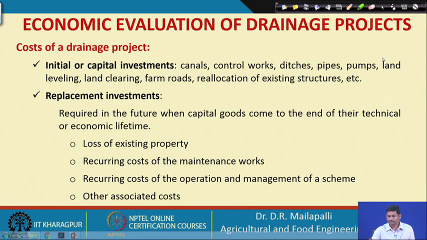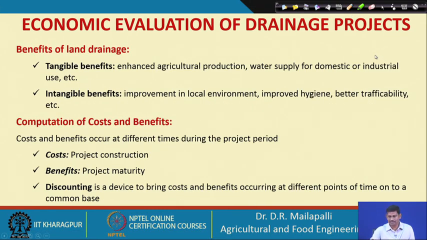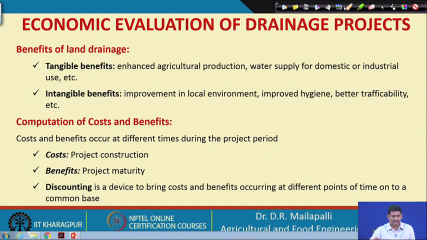Next, what are the benefits? Here is the classification. First, tangible benefits. Tangible benefits are those you can directly see, like enhanced agricultural production, increasing the yield. Right now the land is arable, whereas before it was not good for agricultural production.